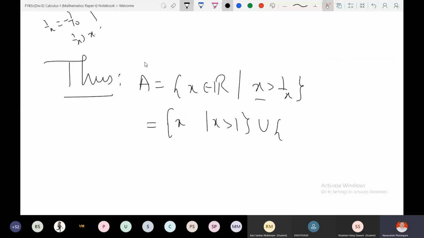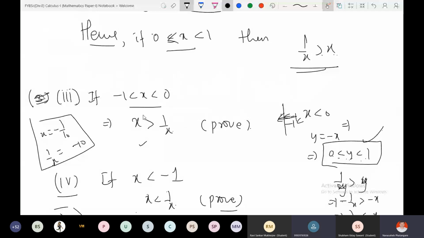From third case, from this region, every real number in this range satisfies this. No number from 0 to 1 satisfies this, and every number greater than 1 satisfies the inequality, and every number between minus 1 to 0 also satisfies, right?